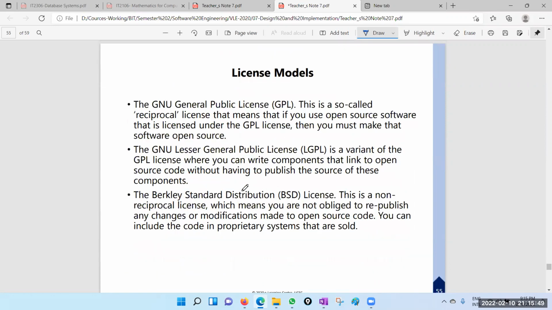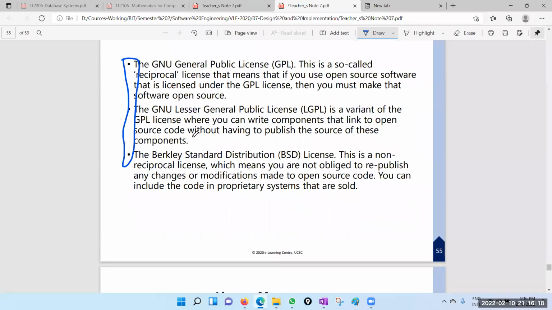There are different types of licensing models: BSD licensing model, GNU lesser public license. We discussed all those things in your semester 1 when we were discussing free and open source software, especially Linux. What are the different types of licenses? Anyway, they may not ask, but they may ask because it's mentioned in your slides.